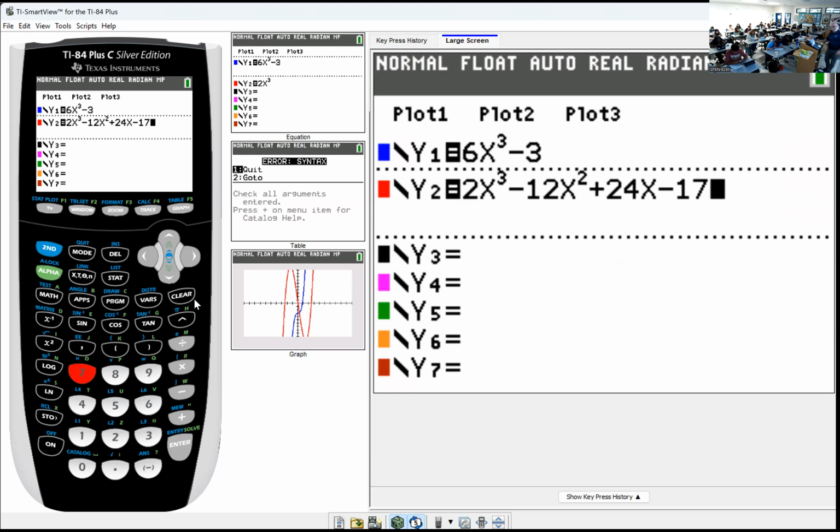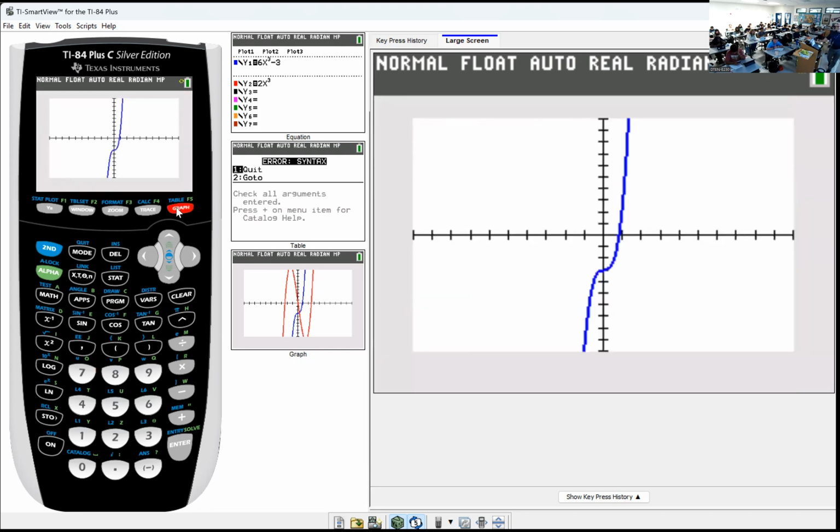That looks good. Now, I expect this to be compressed by 1/3 and then shifted right 2 units. So there's my f of x, my g of x, compressed by 1/3 and shifted to the right 2 units.